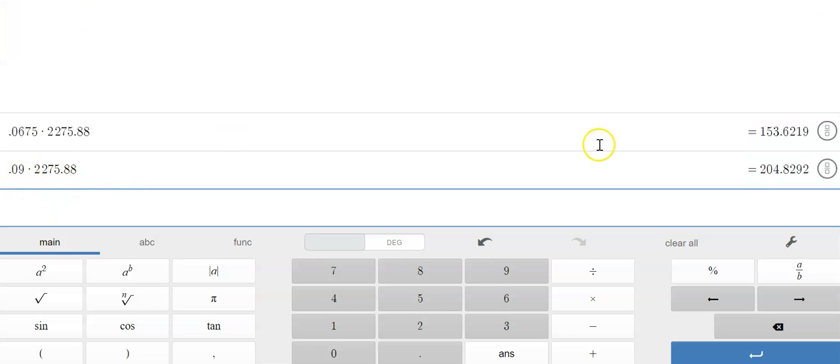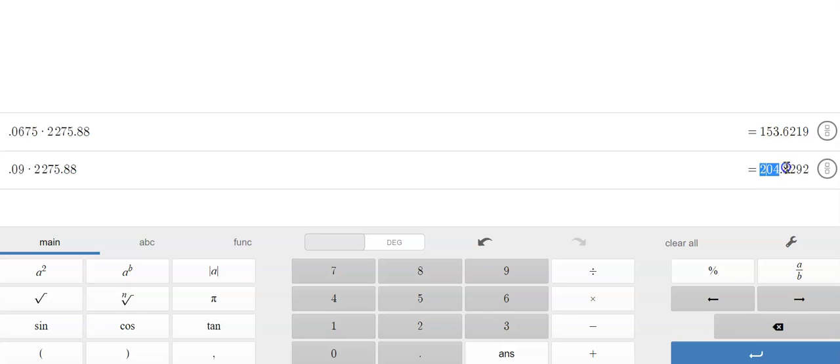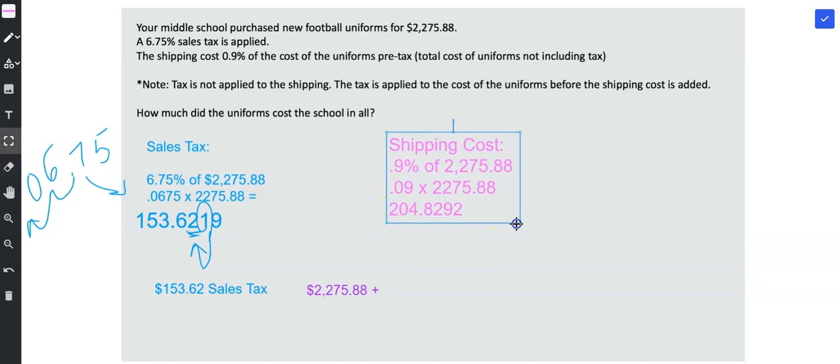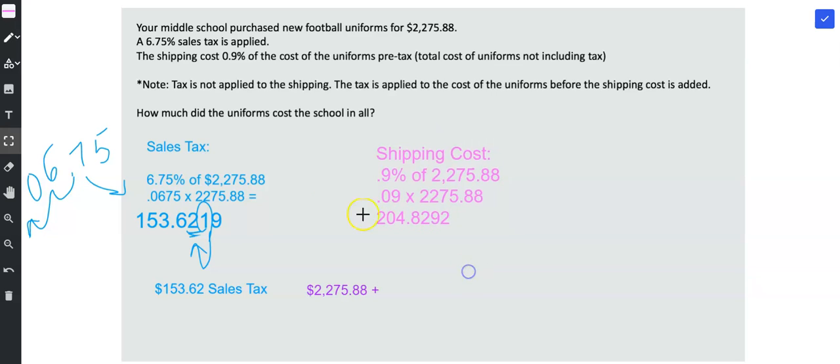And when I type that into the calculator, I get this value. And then I'm just going to enlarge this whole thing since they're all attached together. And then we can round it to the nearest hundredth.